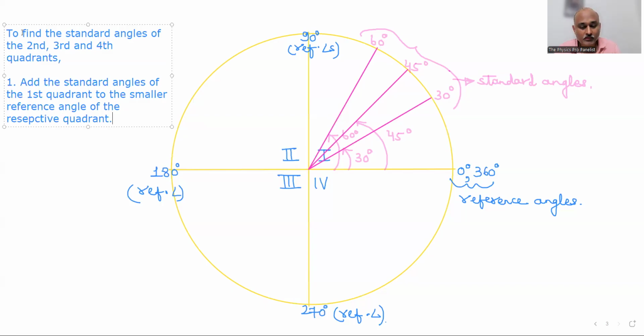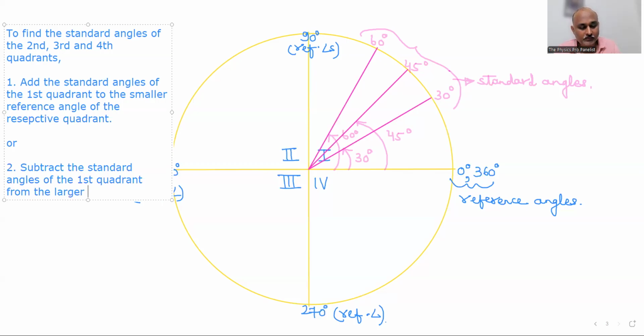Or you can also get this by subtracting the standard angles of the first quadrant from the larger reference angle of the respective quadrant.